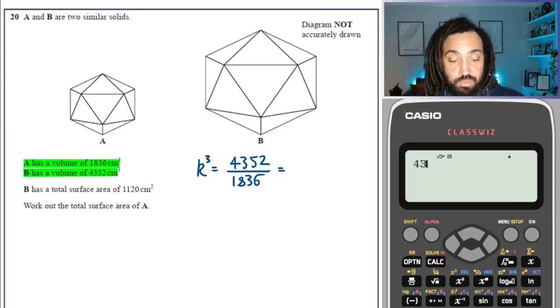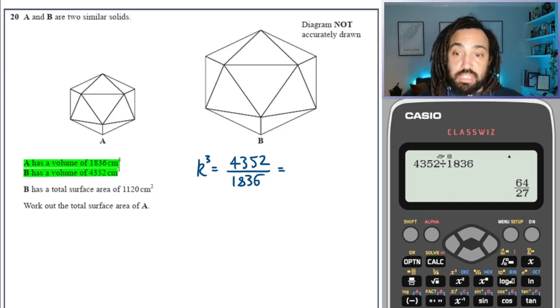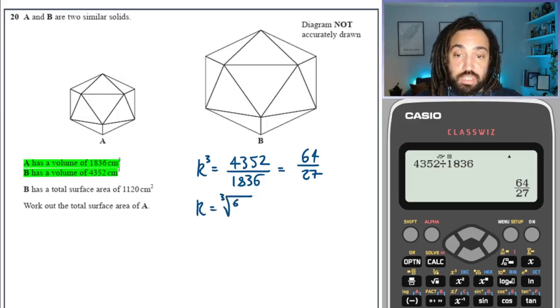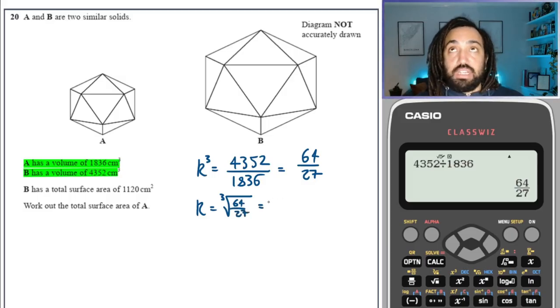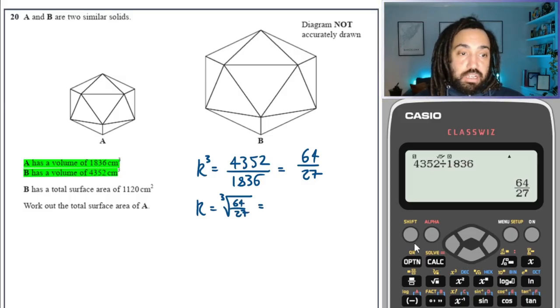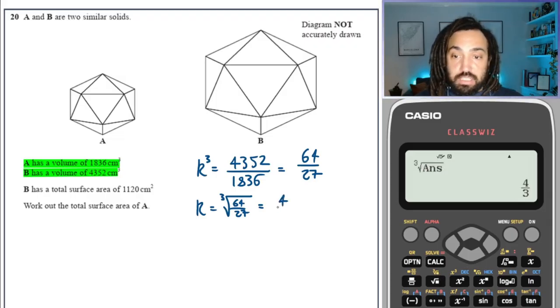So 4372 divided by 1836, we get some lovely cube numbers there, so that fills me with confidence. To find k, we just need to do the cube root of the volume scale factor, which gives me 4 over 3. Yes, it does.